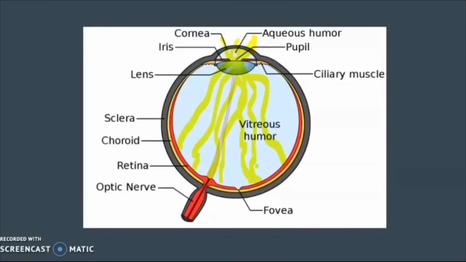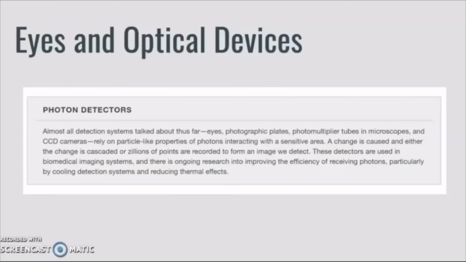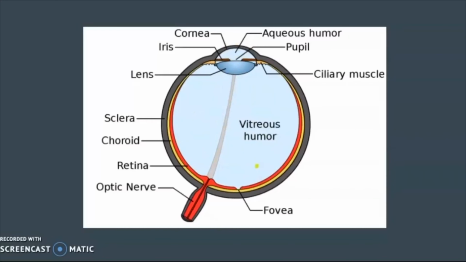So if we look at light coming through an eye, on the bottom here we have the retina, and there are these photosensitive cells that will actually change their conformation when they interact with photons. It's very important in biology how these photons have momentum.